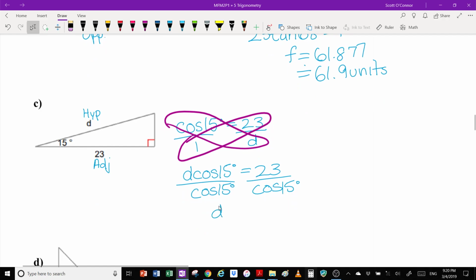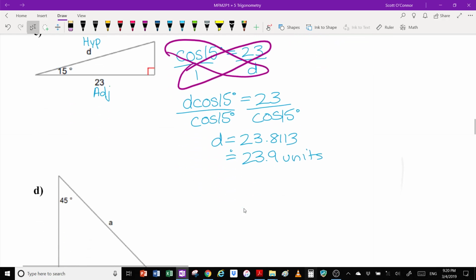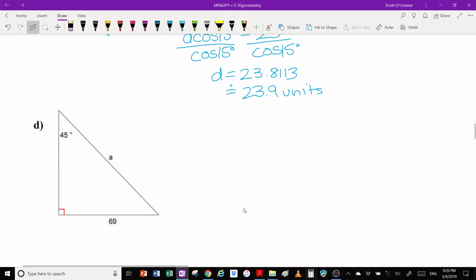I then get d is equal to, when I plug that into my calculator, 23 divided by cos 15, and I should get d is equal to 23.8113, or if I round, 23.9 units. All right, moving on to D.